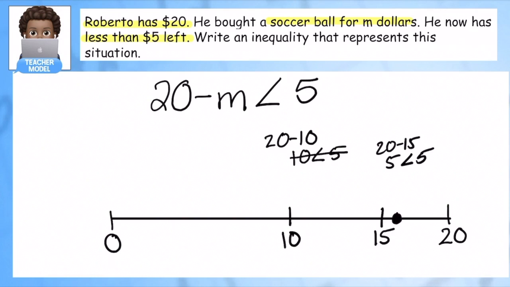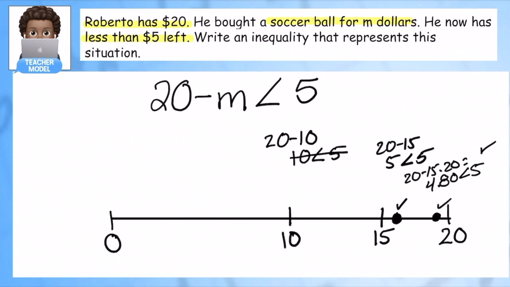I'm going to try that. He would have how much left in his pocket? $4.80. Is that less than $5? Yes. So this works. So what if he spent $18? So he has $20, he spends $18, he has $2 left.